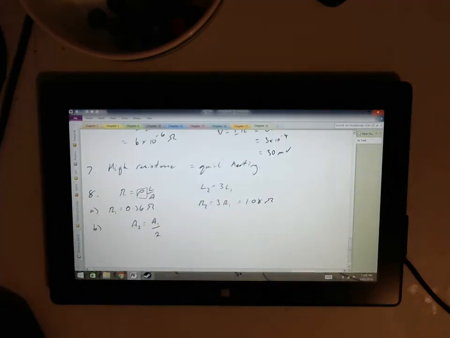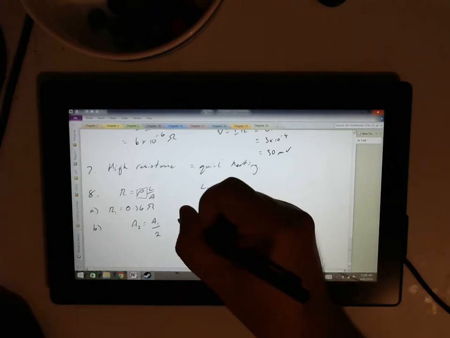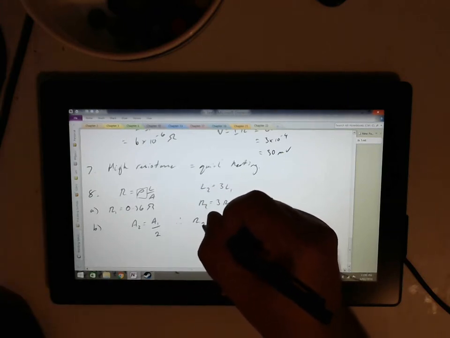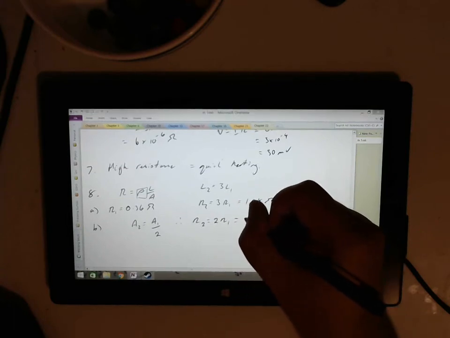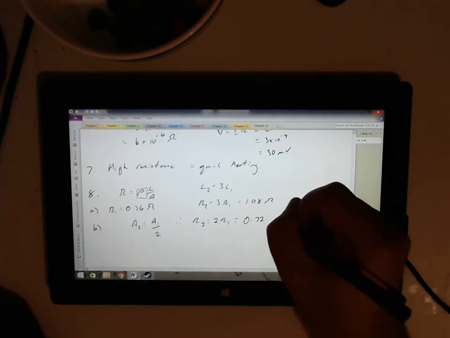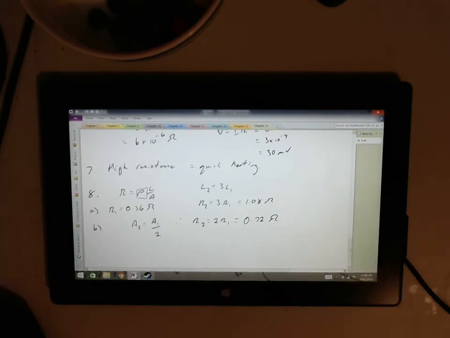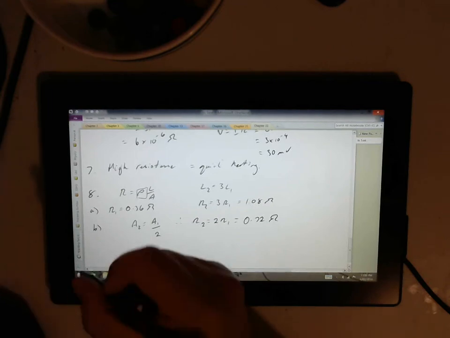There's some basic fraction stuff to practice. Therefore, resistance 2 would equal 2 times resistance 1, which equals 0.72 ohms. Because the area is reduced by half, we end up with our resistance doubling. And let's go to C.